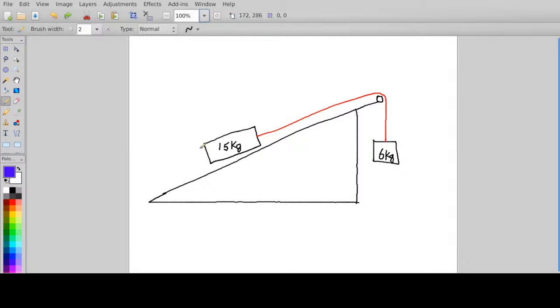With the 15 kilogram mass, there is the force of gravity, and let me do forces in blue here. The force of gravity is straight down like that. But if you do that, you're going to get in trouble, because as soon as you draw the normal force like this, you see that those two forces are neither parallel nor anti-parallel to one another, nor perpendicular.